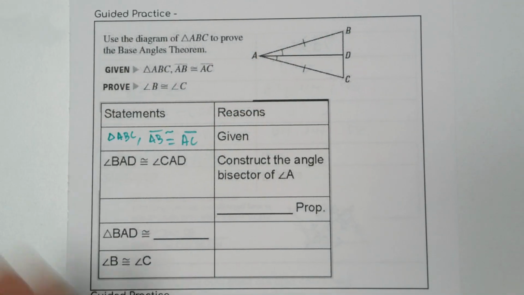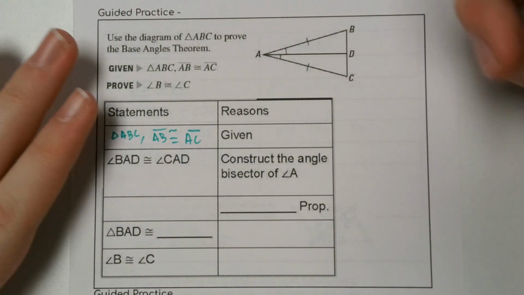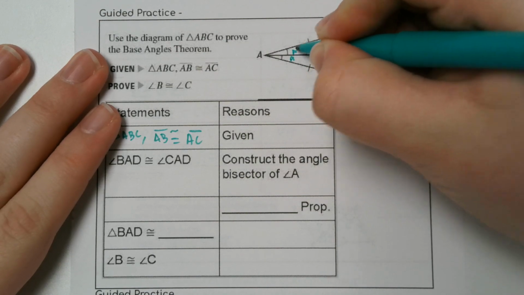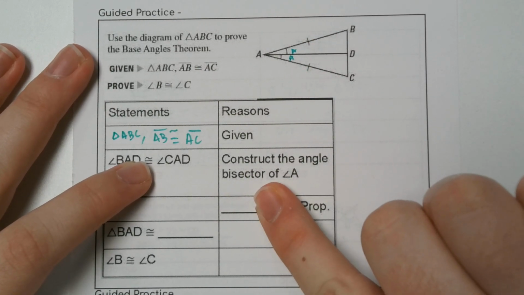Okay, so that's what we're given. It tells me that these two angles are congruent because it's a construct of an angle bisector.